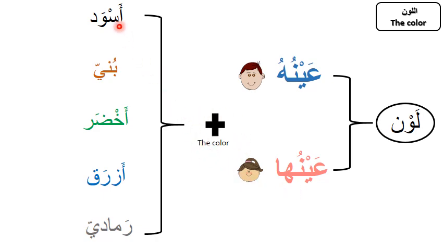We can say أسود, بني, أخضر, أزرق, رمادي. So our sentence should look like لون عينه بني, for example, لون عينها رمادي, and so on. The word لون followed by either عينه or عينها followed by the color.